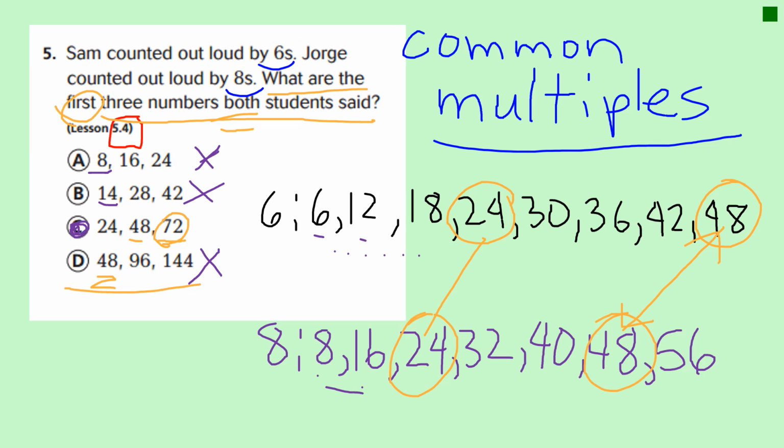So you already know the answer has to be C, but just for fun, because you know that's what we do, we are going to finish our multiples here, okay? So 48, 54, 6 more, 60, 66, 72.